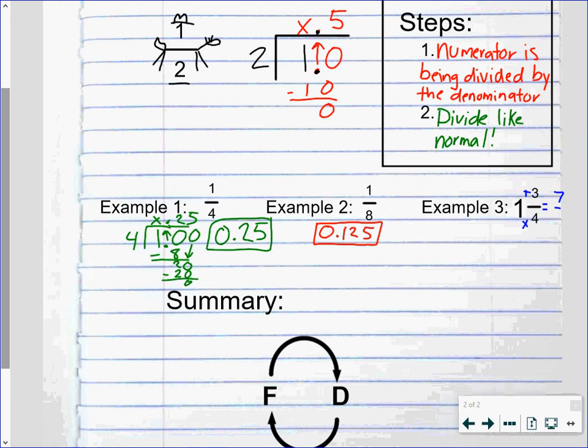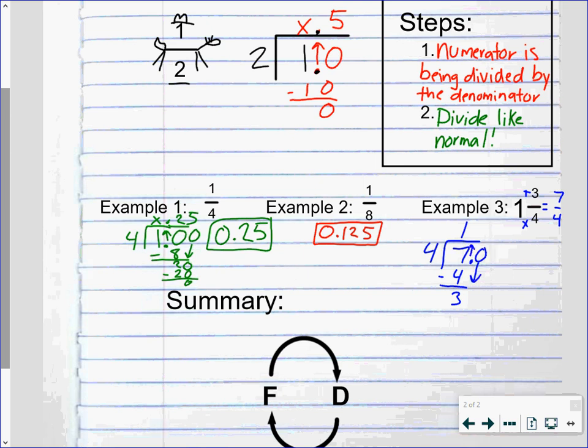So our improper fraction would be 7/4. And then we can divide by putting the numerator inside the denominator. So we have 4 goes into 7 1 time. 4, that equals 3. We need to add a decimal and add a 0.